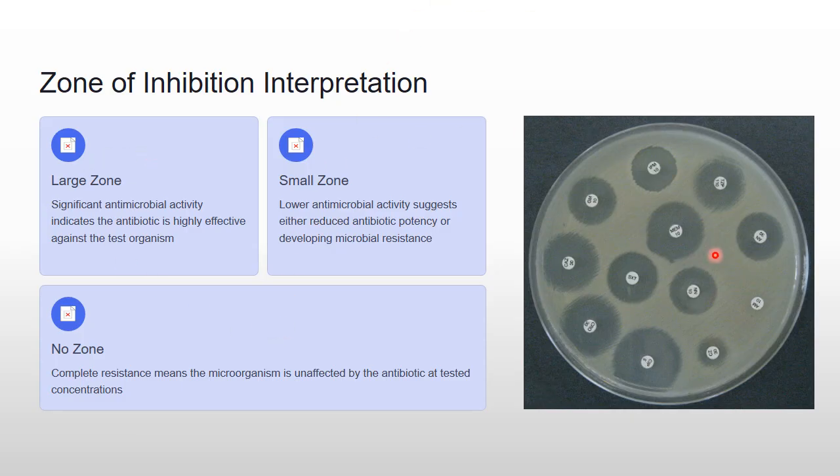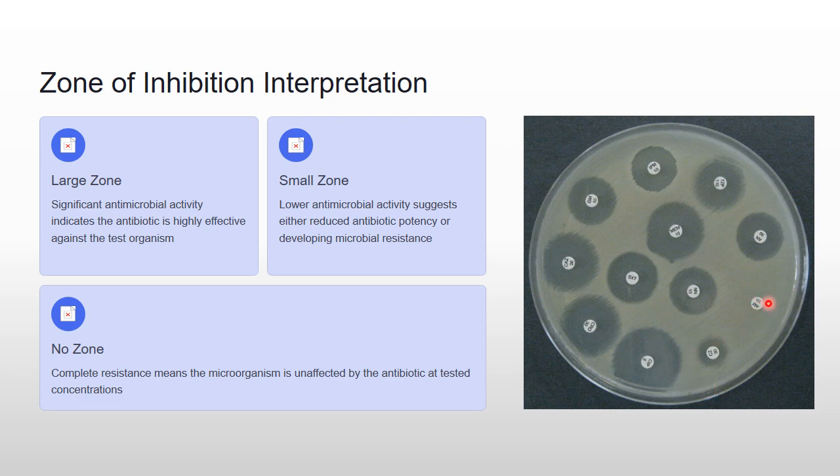So, this is the interpretation of zone of inhibition. A large zone of inhibition indicates significant antimicrobial activity against the microorganism. A small zone of inhibition suggests either reduced antibiotic potency or developing microbial resistance.